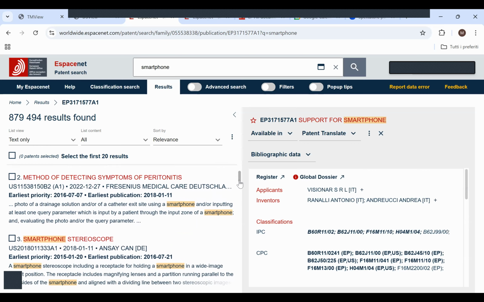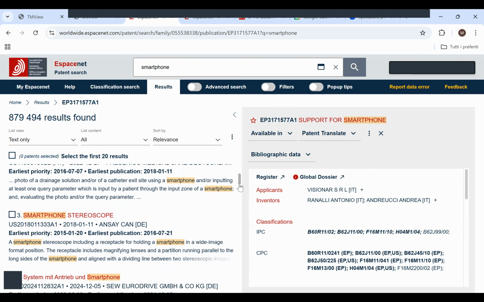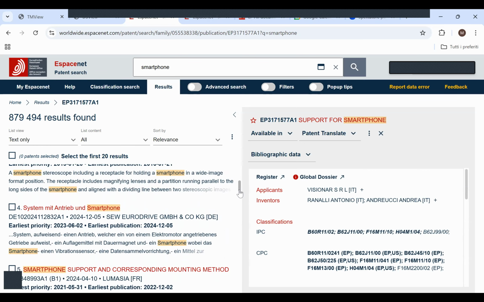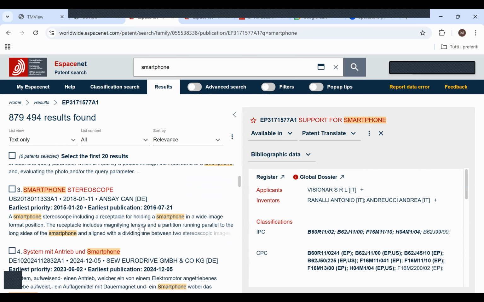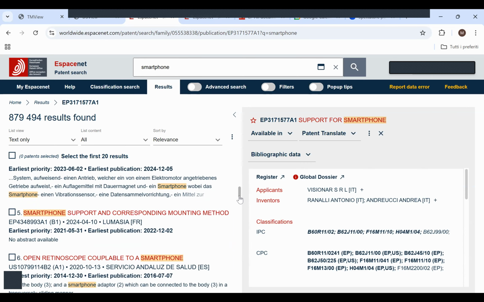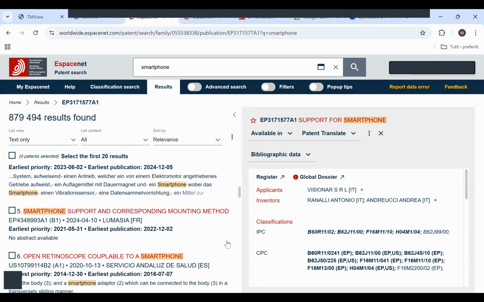Let me see something more interesting. As you can see, most of the patents are in English, but they may also be in German and in French, because these are the three official languages of the European Patent Office.